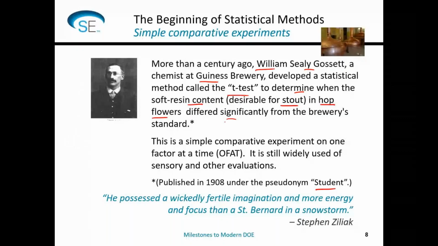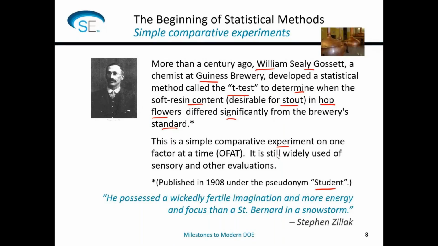This is a simple comparative experiment, and he was able to develop ways to deal with small sample size and create a distribution called the t distribution that had fatter tails than the bell-shaped normal distribution, depending on the degrees of freedom, which is related to the number of samples that you've collected. This is a very fundamental test that's still used today to compare two means.